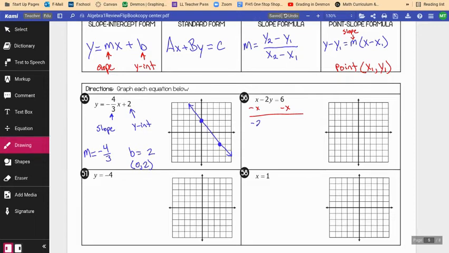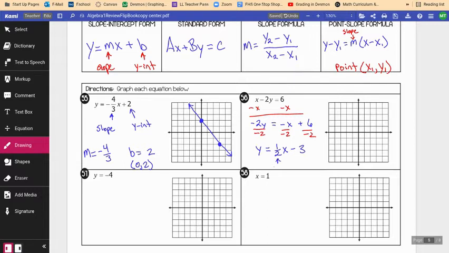That leaves us with negative 2y on the left, negative x plus 6 on the right side. And then I have to divide everything by negative 2. And that leaves me with y is equal to positive 1/2 x minus 3.